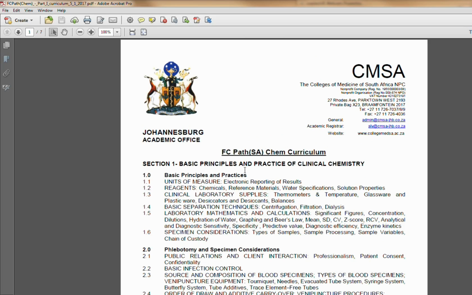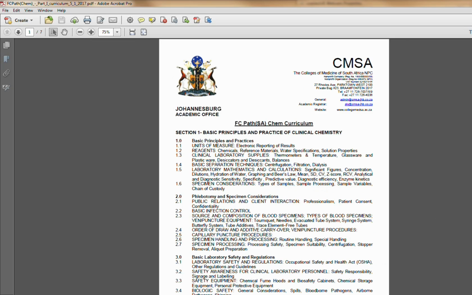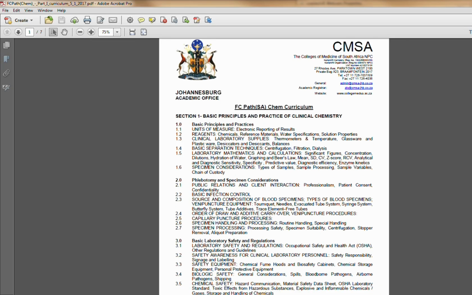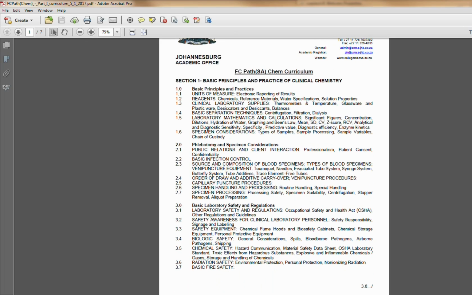The curriculum for the Part 1 exam is a different document from the Part 2 exam, not because they are different, but just to make it easier for junior registrars to focus on what is important before they move on to the more difficult things. That's why it's in a separate document. And you can see it covers all the things that you would eventually need to know as a senior registrar.